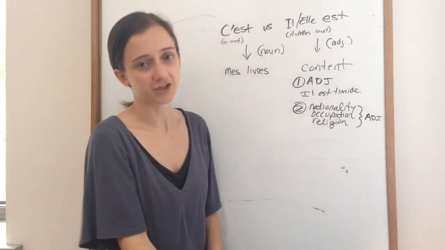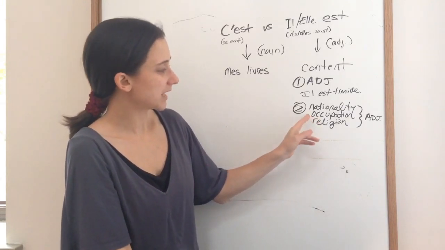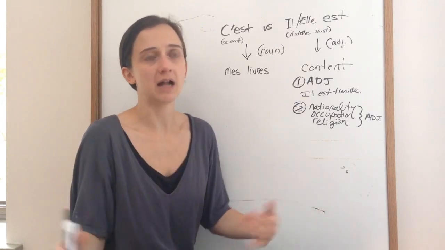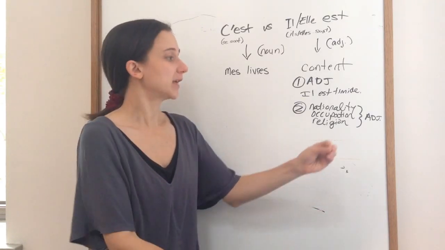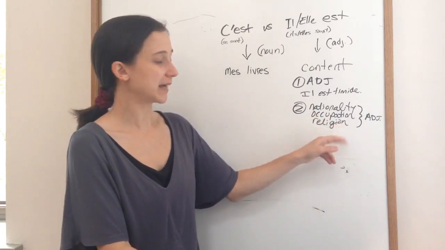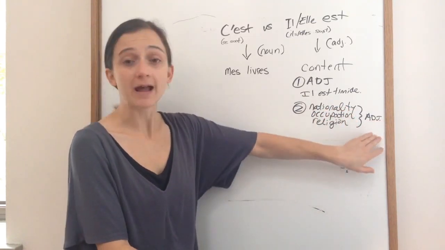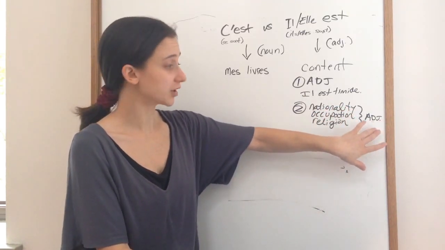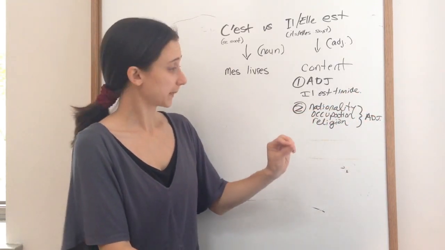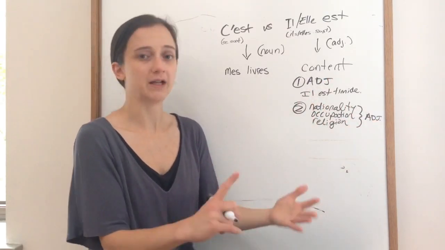We're treating them as adjectives. In English, we tend not to think about someone's occupation as an adjective. It's like saying another noun. That's what they are, a doctor. But if you think about it this way, that you're describing that person, that person's religion, that person's nationality, think about it as these are adjectives, and we treat them as adjectives in French. So it's really just the same rule. We're just making sure we know that when we say adjective, we also are talking about nationality, occupation, and religion.